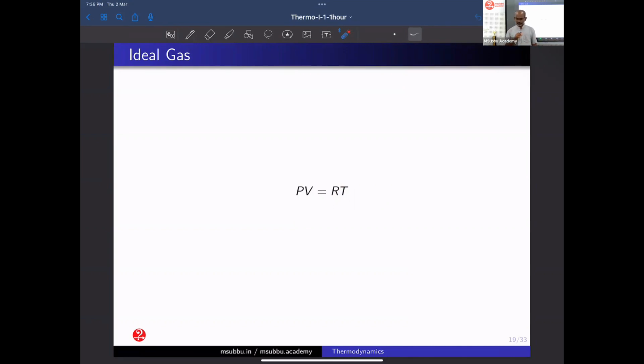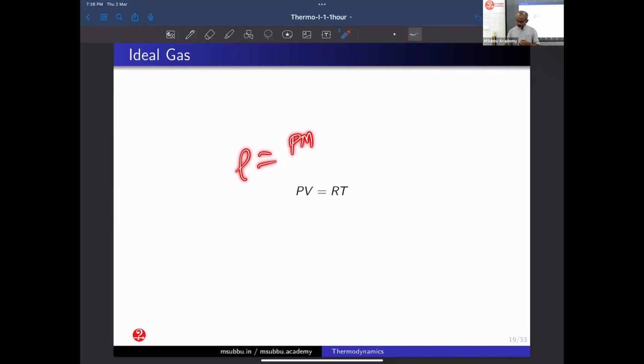Of course, any component, even gold, which is a solid, can be brought down to the ideal gas state. But what is the pressure and temperature condition for this ideal gas equation to apply? It is nothing but the low density state. How do you find density?